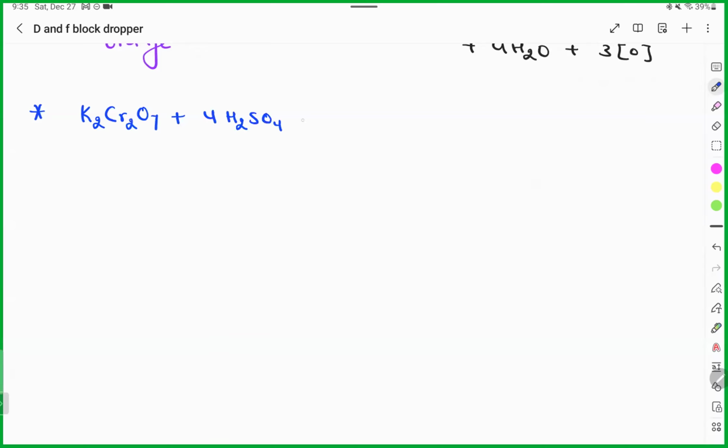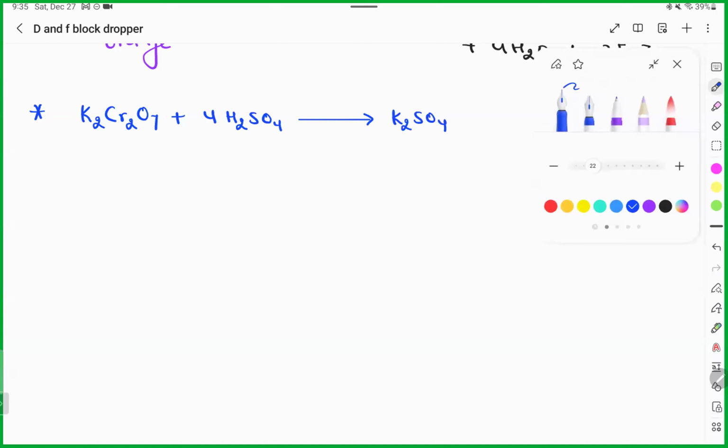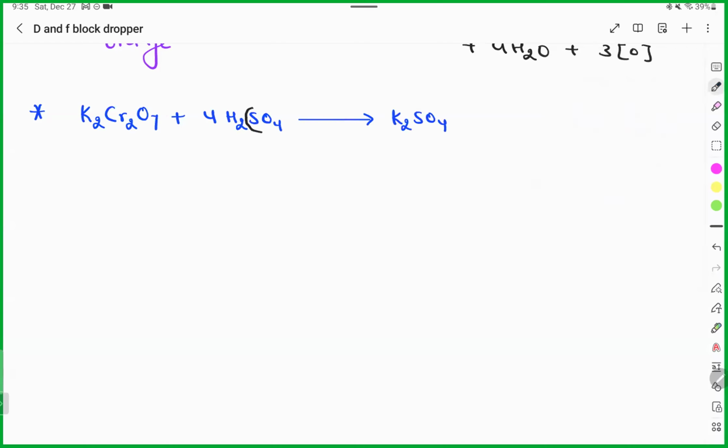This is the universal reaction. When it reacts, it will form K2SO4 because this sulfate part can easily react with this K2. So K2SO4. Then chromium converts into chromium sulfate and 4H2O plus 3 nascent oxygen.